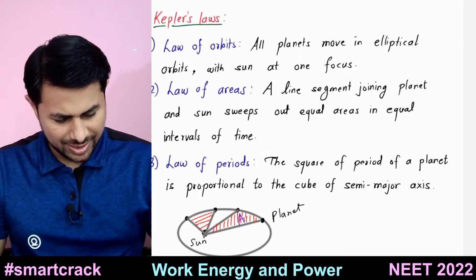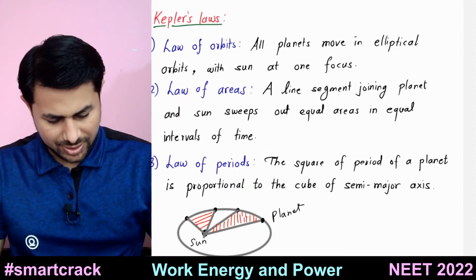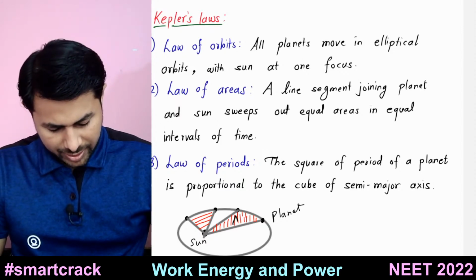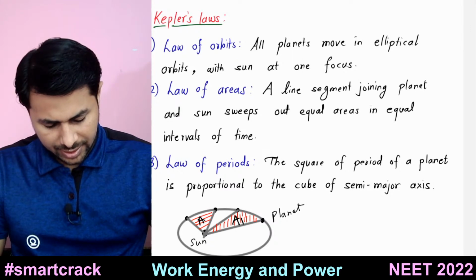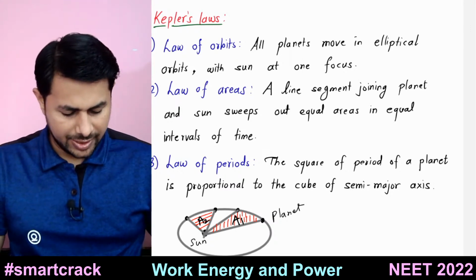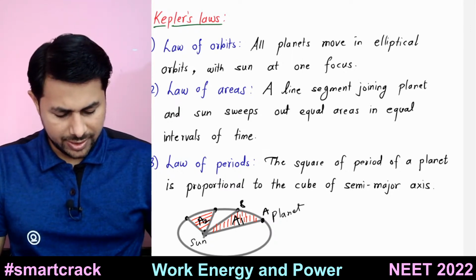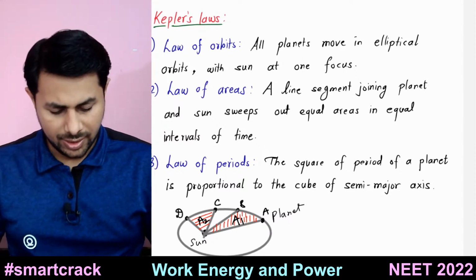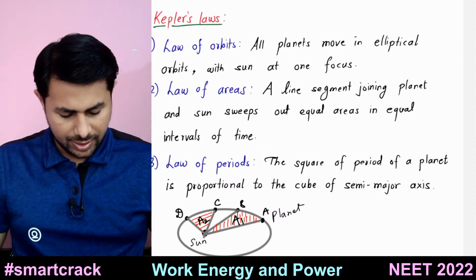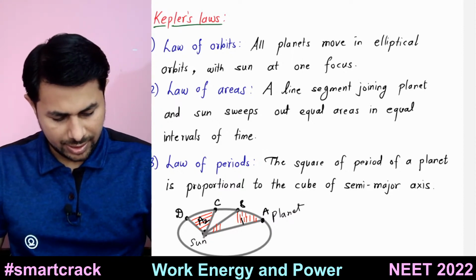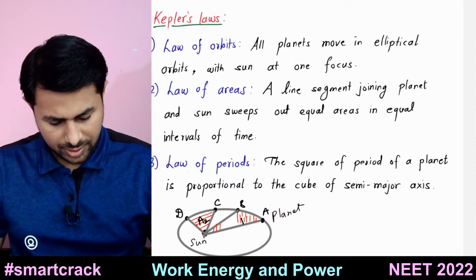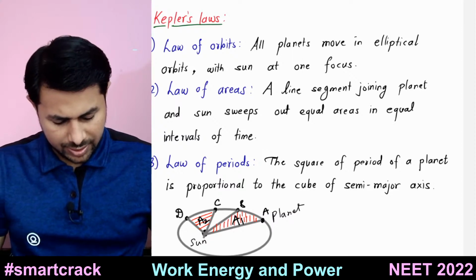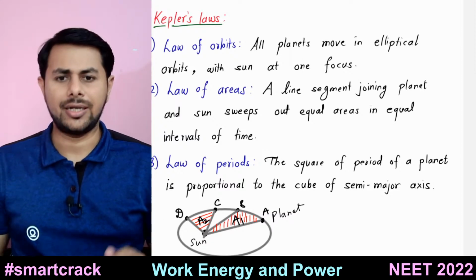This is not visible, I guess. Okay, let's call this area A1 and this area is A2. So time taken to go from, let's say, A to B is equal to time taken to go from C to D. Then the area A1 will be equal to the area A2.